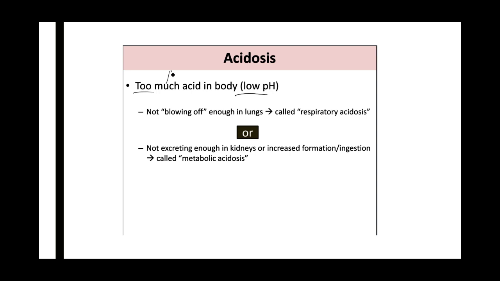So an increase in hydrogen ions means a decrease in the pH, which doesn't make any sense, but everybody should know it by now, hopefully.